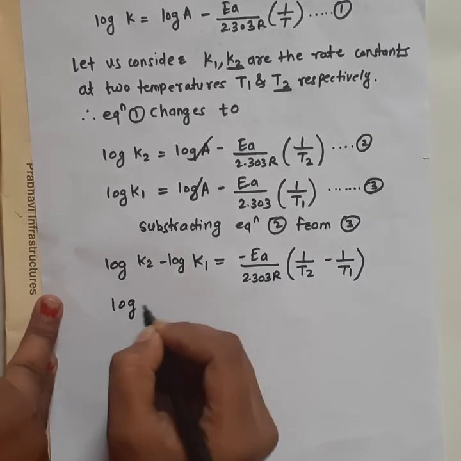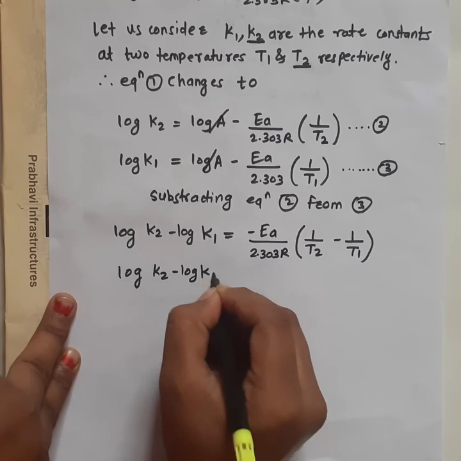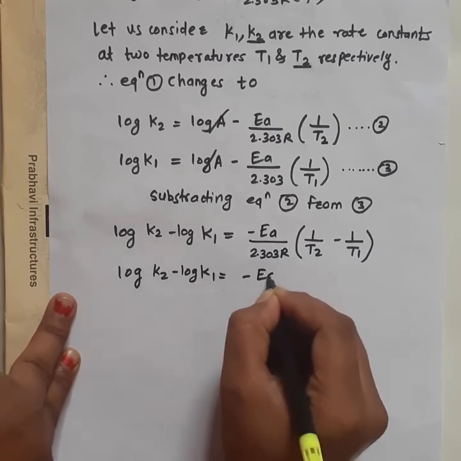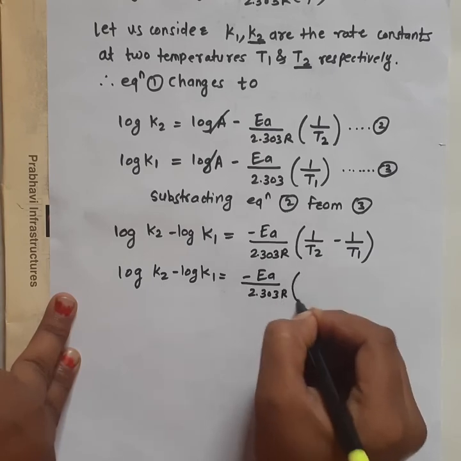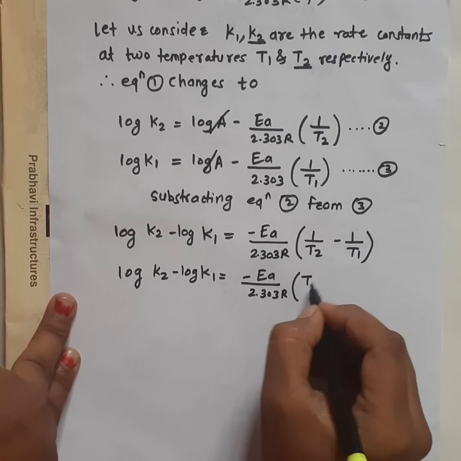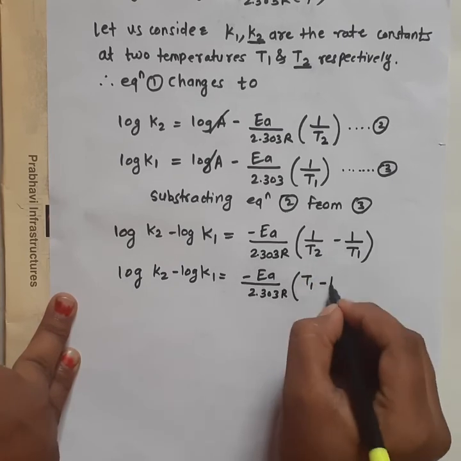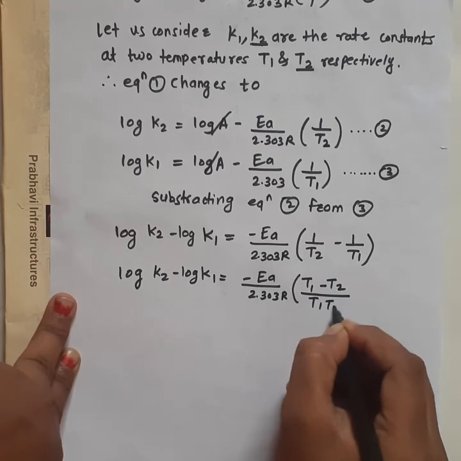Therefore, log of K2 minus log of K1 is equal to minus EA upon 2.303 R into bracket, and by cross multiplication, T1 minus T2 divided by T1 T2.